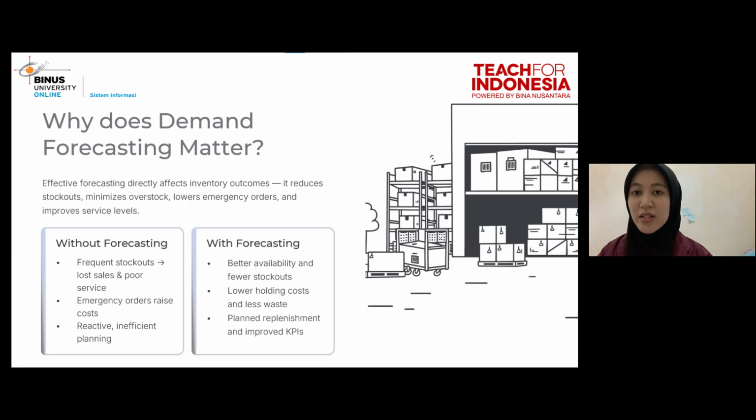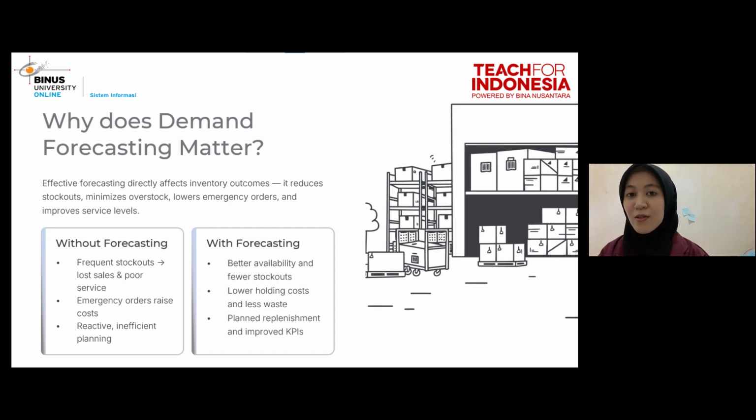They may experience frequent stockouts, causing lost sales, delayed service, and customer dissatisfaction. To compensate for uncertainty, some organizations keep excessive inventory. While this reduces shortage, it increases holding costs and often leads to waste. Forecasting helps organizations find a balance.